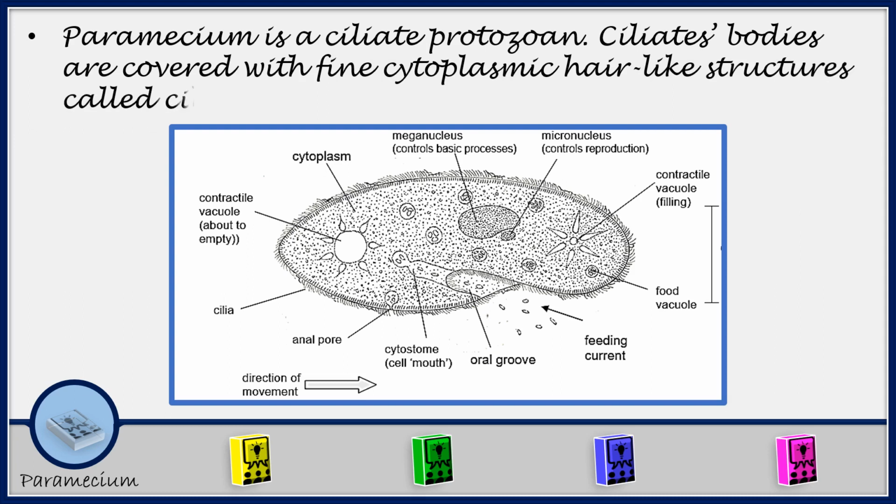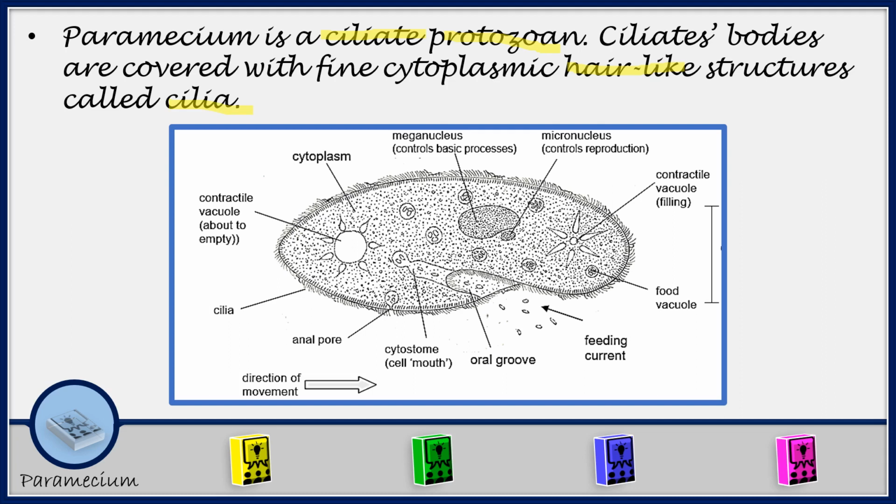Paramecium is a simple ciliate protozoan. Ciliates' bodies are covered with fine cytoplasmic hair-like structures, which we call cilia.